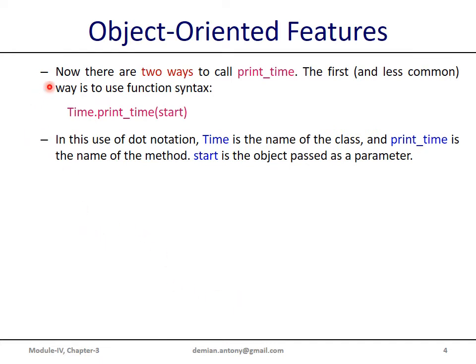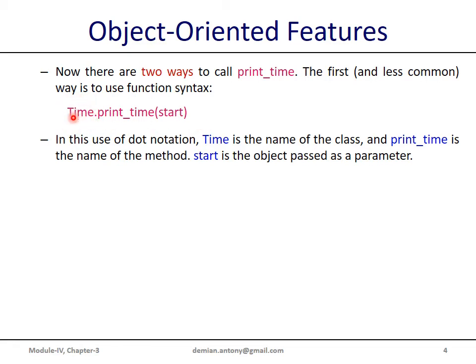How to call the members or member functions or methods? There are two ways. The first is a simple syntax. We can use the class name dot method with the object parameter. This is also valid because time is a class object.